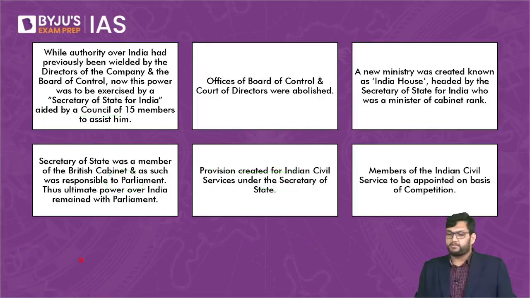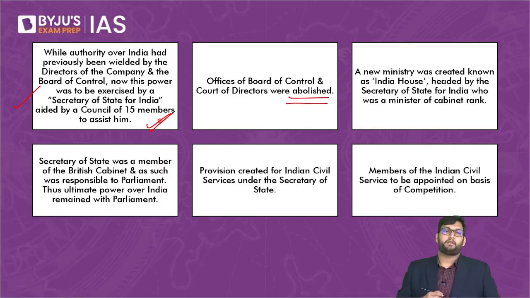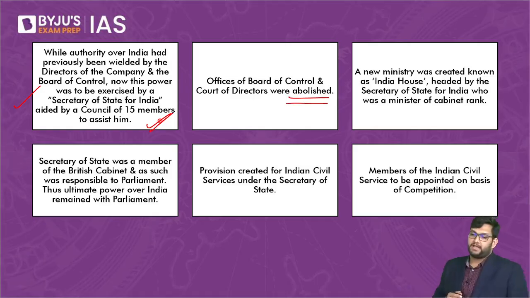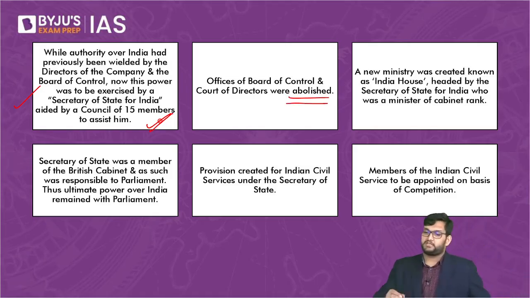At the same point of time, the power previously wielded by the Board of Control and Court of Directors, both are dissolved, are abolished, and now the Secretary of State for India with 15 members is created. This new ministry is called the India House, and he's a cabinet minister rank officer.